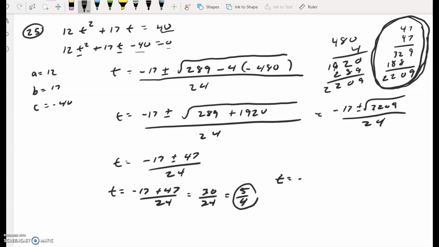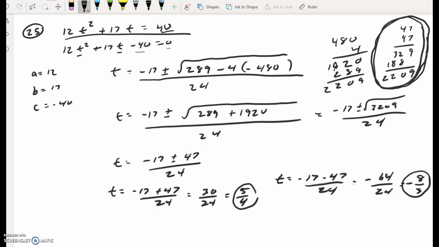And then we have t equals negative 17 minus 47 over 24. And what is that? Let's see, negative 64 over 24, and then we can divide top and bottom by 8. So we get negative 8 over 3. So we have negative 8/3 and positive 5/4 for our solutions to the original equation. And they would check.